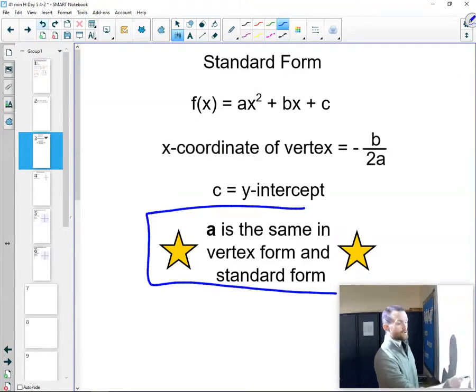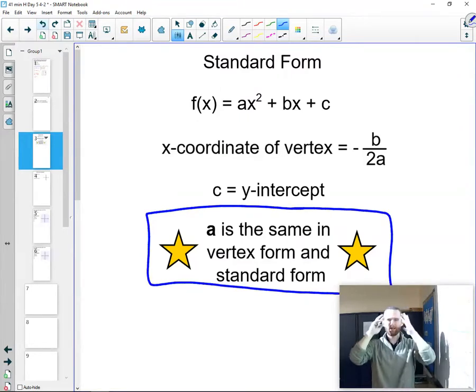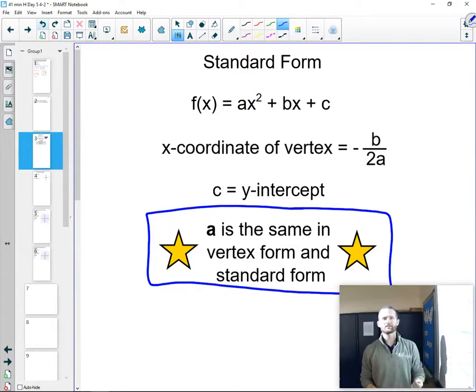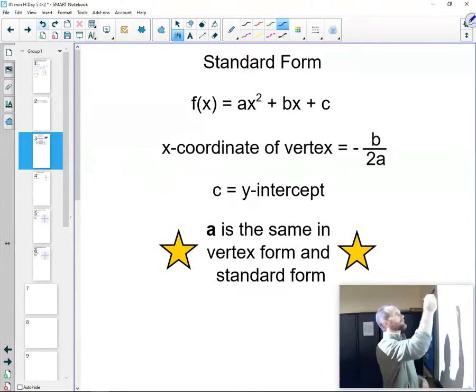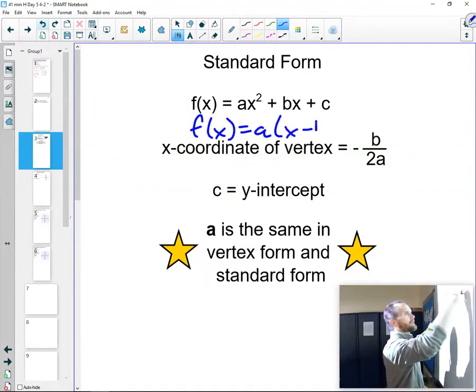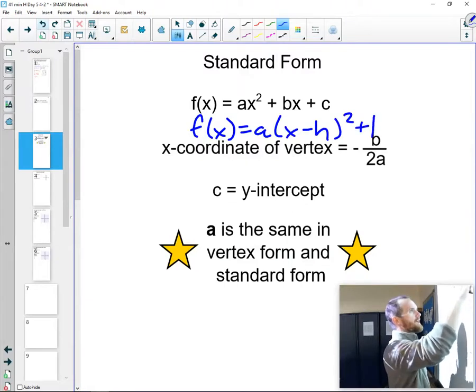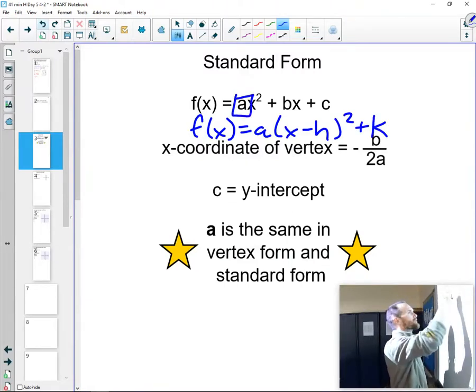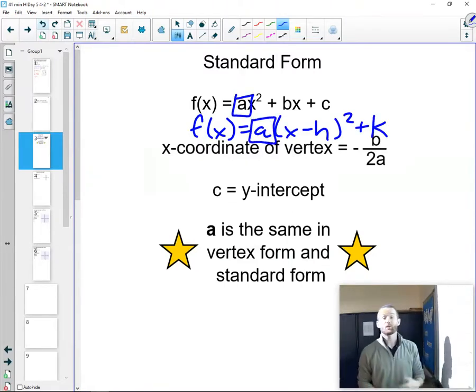Now, here's something that always blows my mind whenever I think about this, because a is the same in vertex form and standard form. So if we have vertex form, f of x equals a times x minus h squared plus k, these two a values will always be the same number, which means we can treat them the same way.